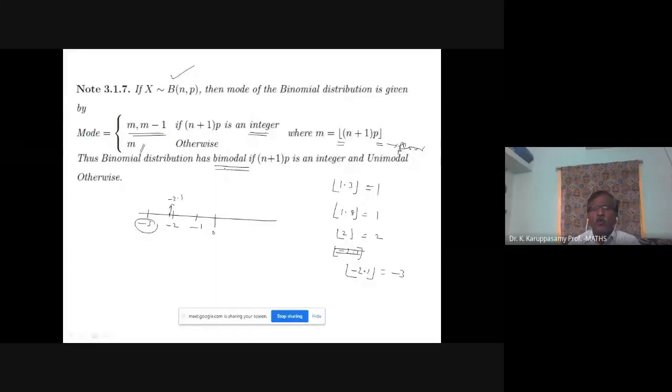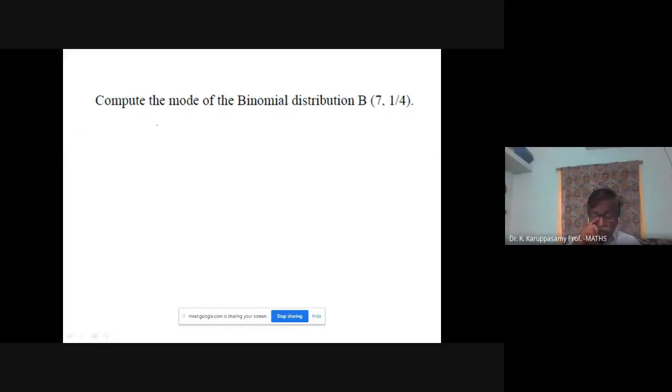Bimodal means two modes. Unimodal means only one mode. When n plus 1 p is an integer, we get bimodal, two modes. Otherwise, if it is a fraction, we have only one mode. A multiple choice question may be asked on this, and very simply you can get the answer.